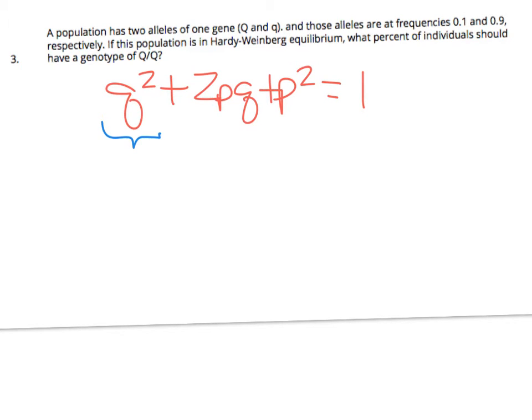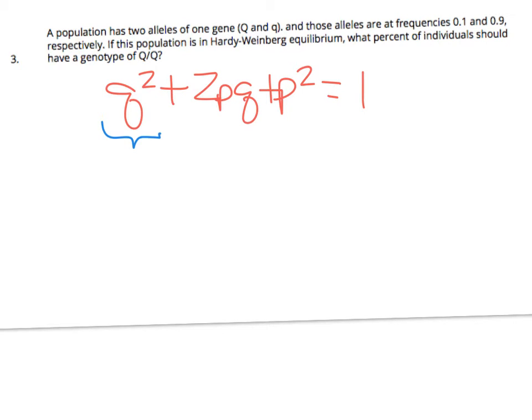So little q, I didn't tell you. You're free to choose. Maybe I should have used different gene terminology. Maybe that was what was confusing. Big Q and little q. I just chose those because they're easy letters to distinguish from each other, capital and lowercase form.